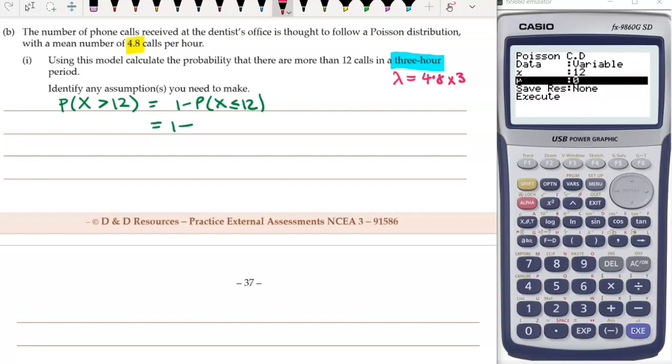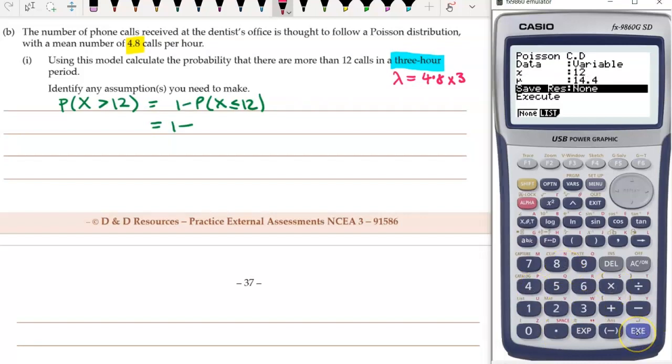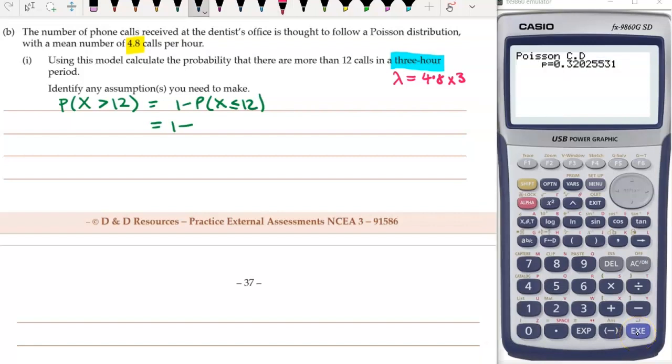Now I don't need to exit out of here, I can actually just type that straight into here. Okay, so that probability is now 0.3203. So that'll be 0.6797.